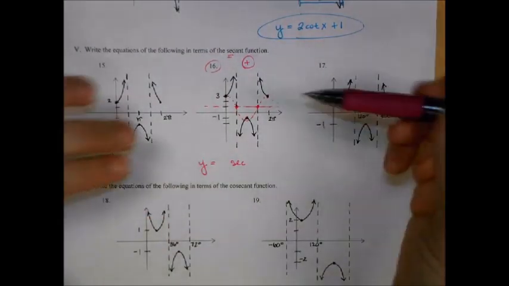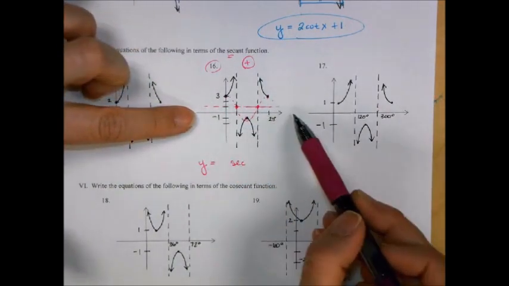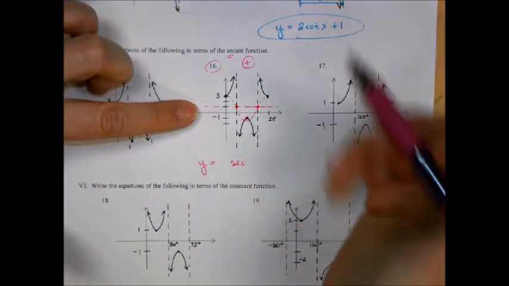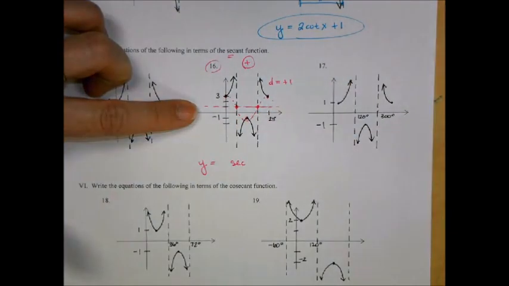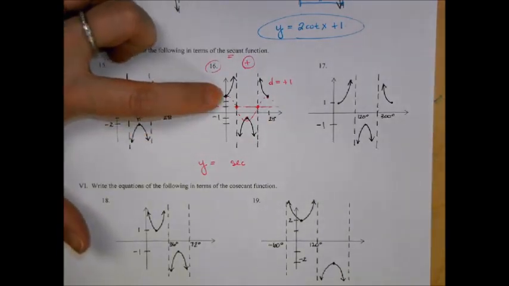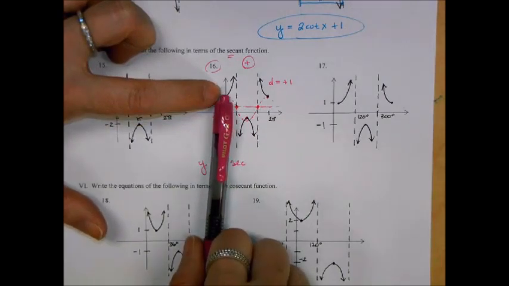It's been moved up 1 unit, so there has been a vertical translation of 1 unit up. But that starting point is still on the y-axis. So although it's been shifted up 1 unit, it's not been moved to the right or left, so there won't be a c value here.